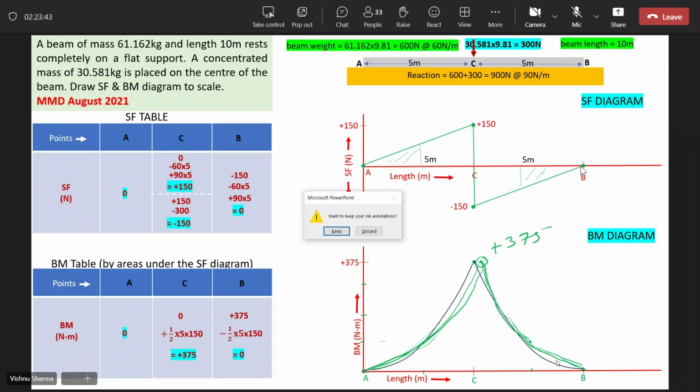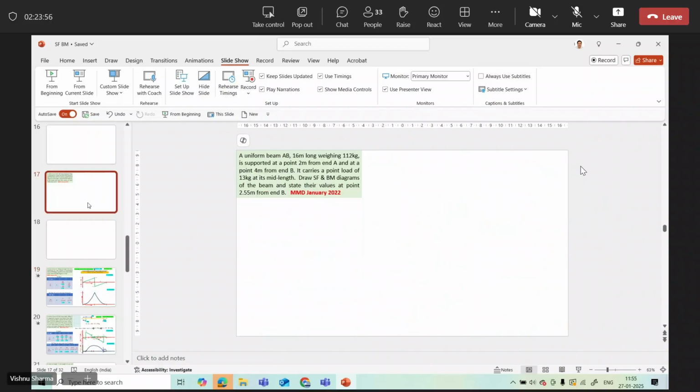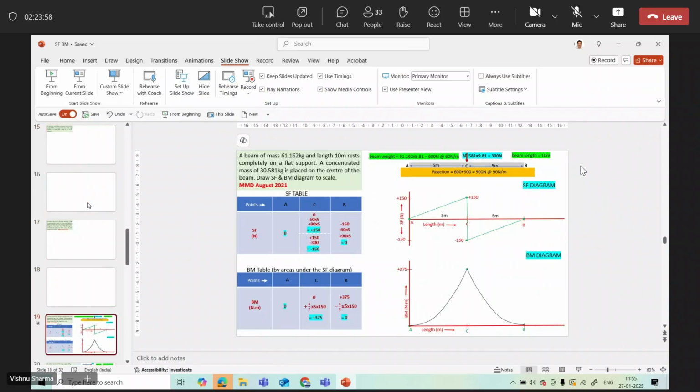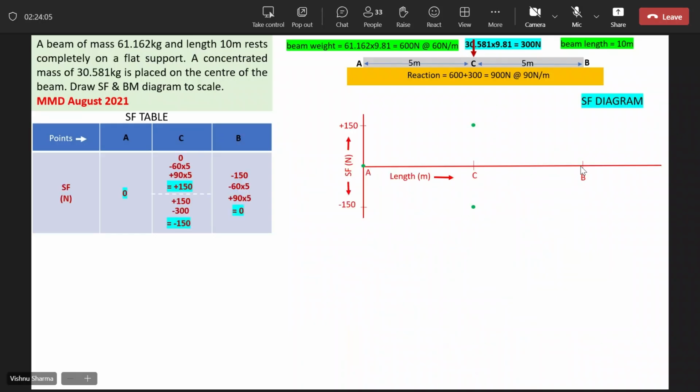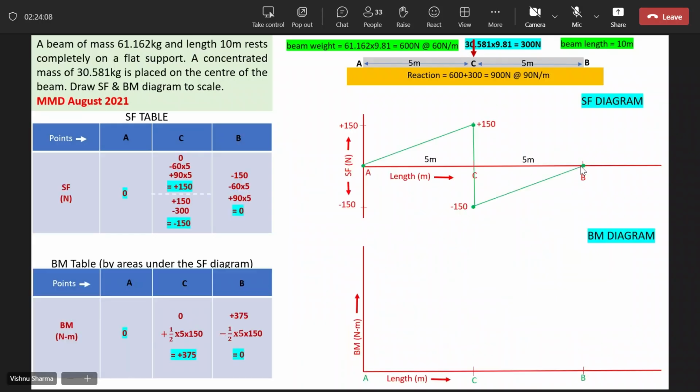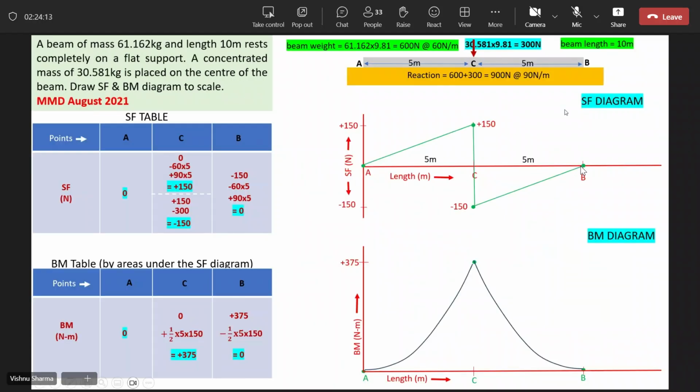If you want to take a screenshot, let me clear and show it to you. Did I delete the previous one also? Anyway, if need be, I'll explain tomorrow. That's the rubbish thing which happens sometimes. If anybody wants to take a screenshot, I don't think this is much simpler than the previous one. Am I right? Yes, sir.